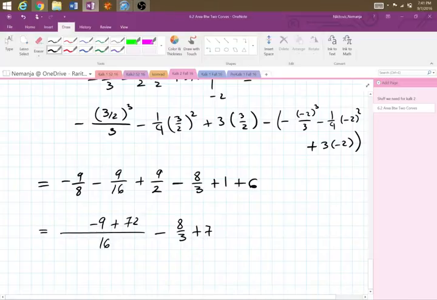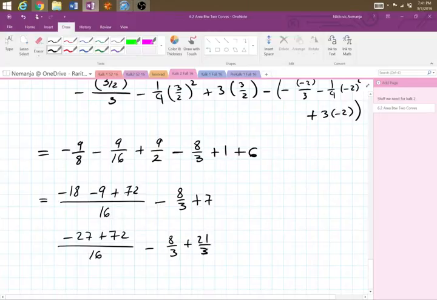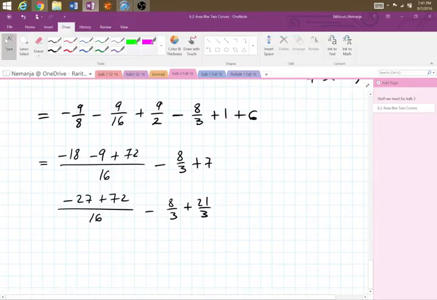And then 8 is a half, negative 18. There we go. Negative 27 plus 72 over 16 minus, and now thirds 21, so minus 8/3 plus 21 over 3 to get those two together. Okay, so now what are we doing with 27 and 72?